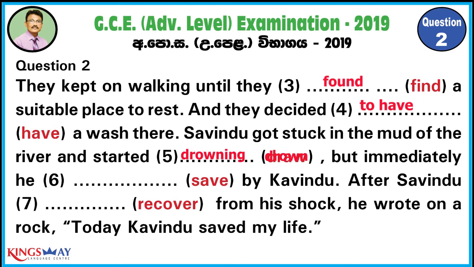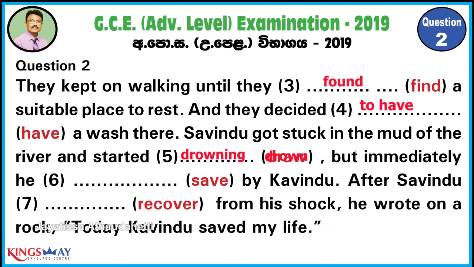But immediately, very soon, he blank. Then in the bracket, save is given. Save means rescue someone. So he is there, saved by Kavindu. When it is by Kavindu, this is a passive voice sentence.